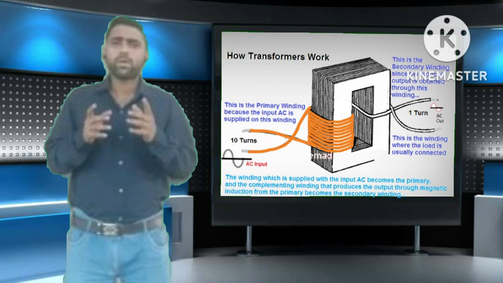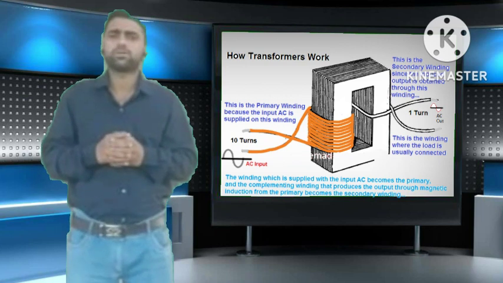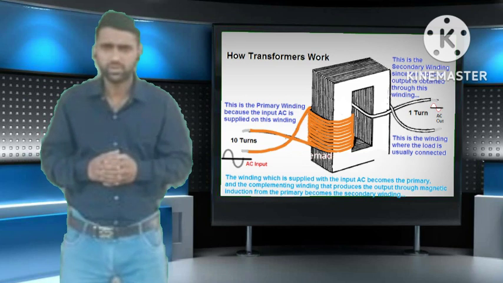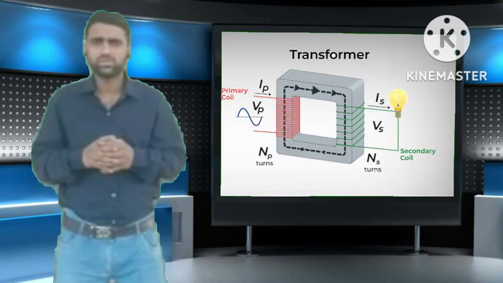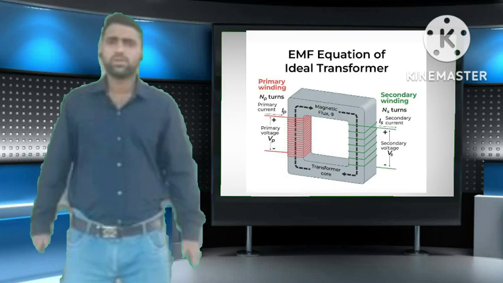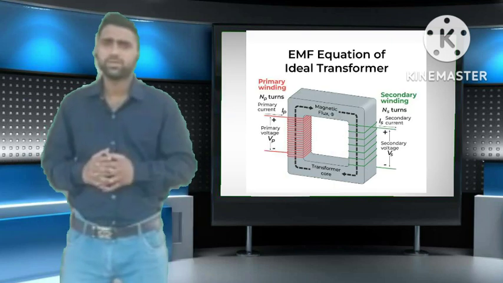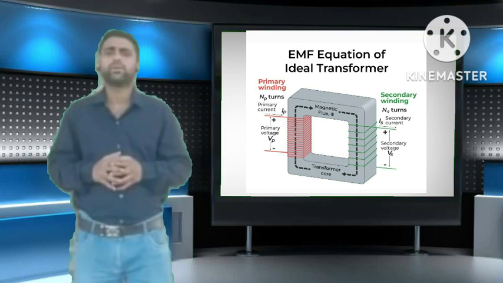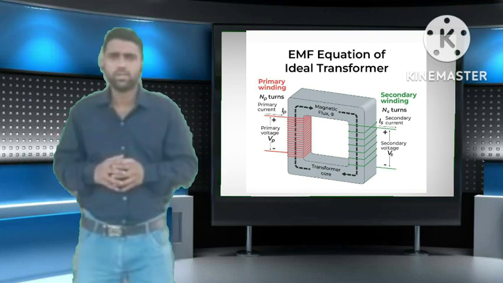According to Faraday's law, the rate of change of flux linkage with respect to time is directly proportional to the induced EMF in a conductor or coil.